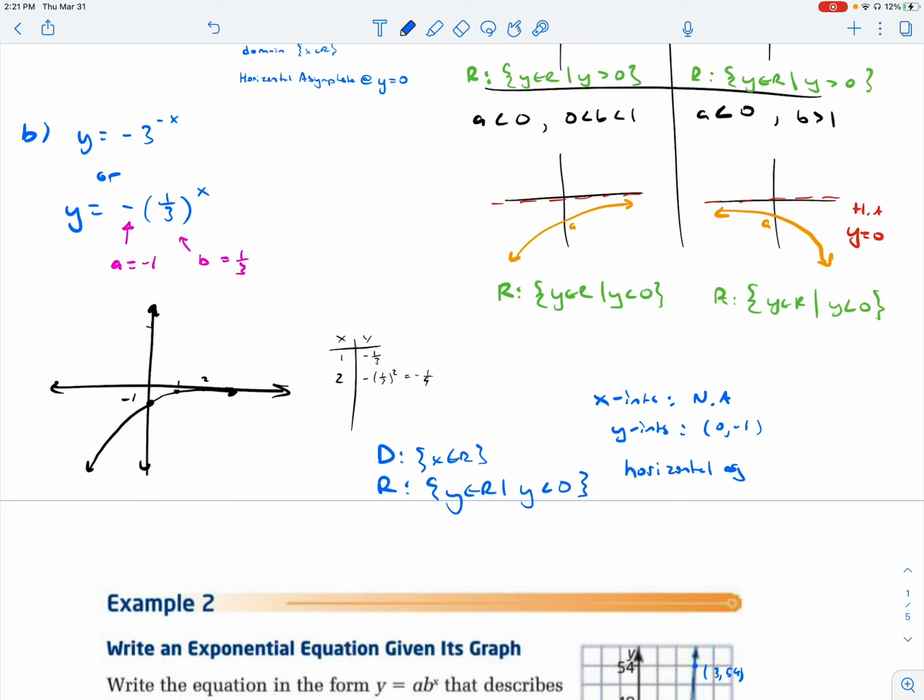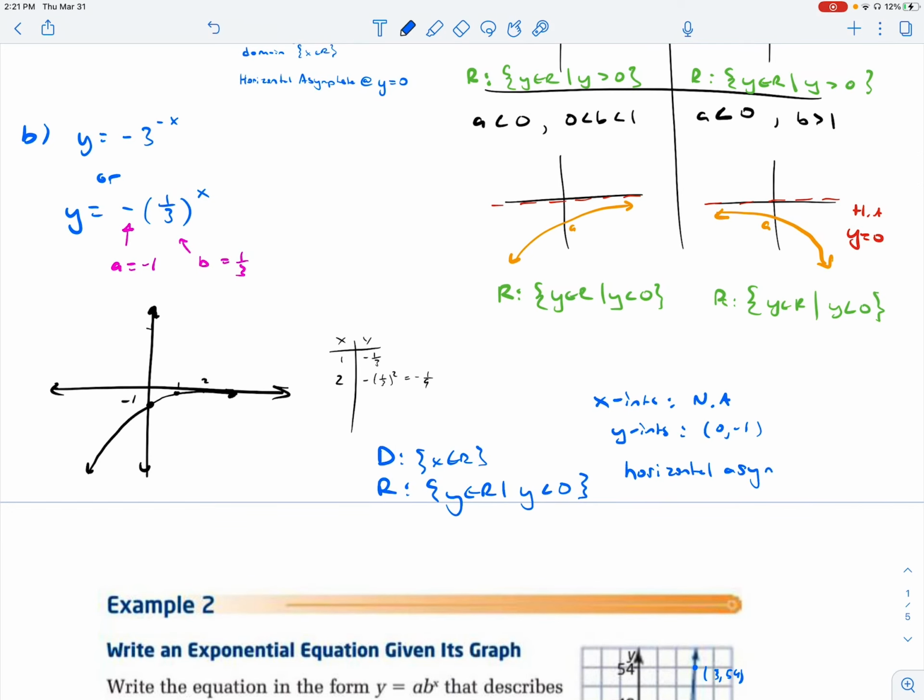The horizontal asymptote is the equation y equals 0. It's that line going across here. So I'm going to draw that in and label it. I usually like to do a different color. Okay, that's the line y equals 0.